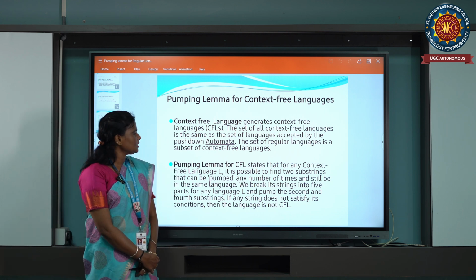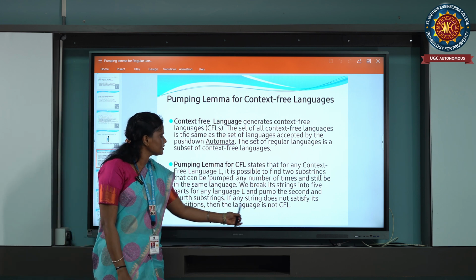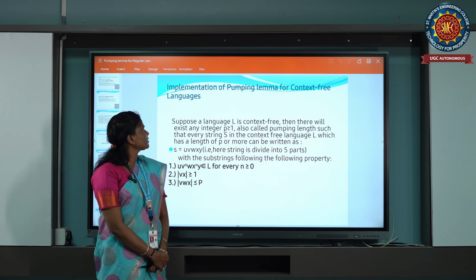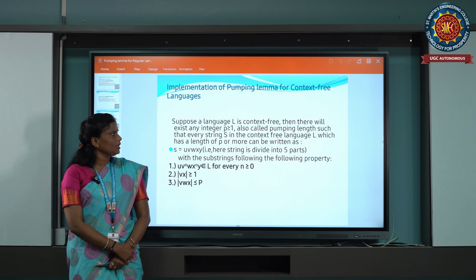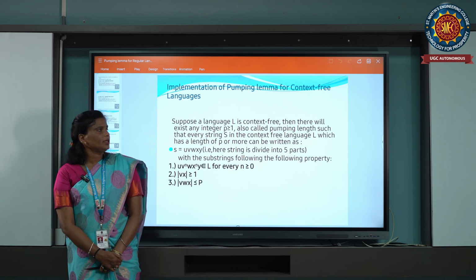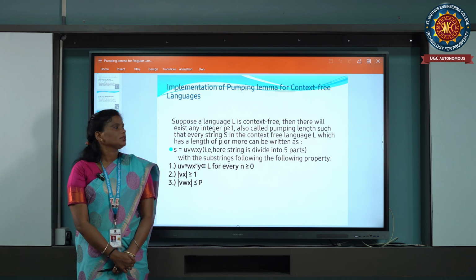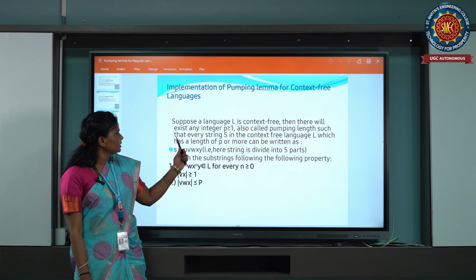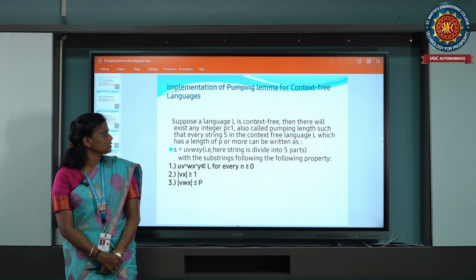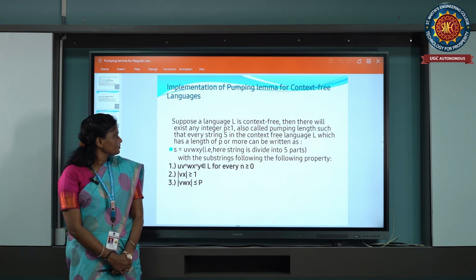If any string does not satisfy the condition, then the language is not a context-free language. Implementation of the pumping lemma for the context-free language: suppose the language L is context-free, then there exists an integer p greater than or equal to 1, also called the pumping strength, such that every string s in L with length p or more can be written as follows.